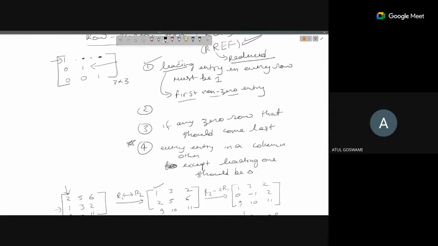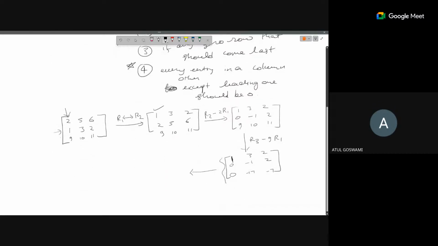There should be a leading entry. What is a leading entry? The first non-zero entry in a row. This is one condition. Suppose this is the first leading entry. Now when we create a leading entry in the second row, it should be to the right of the previous leading entry. This is the second condition.